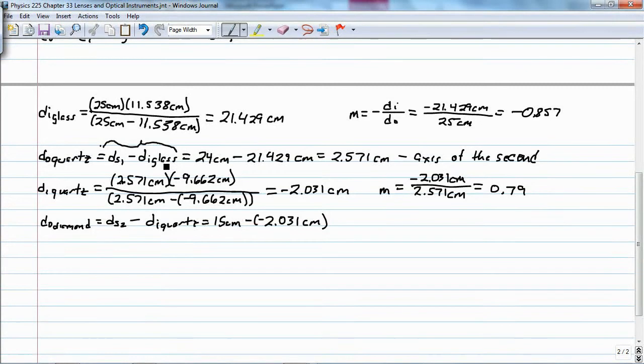So notice again, it's the same. You have a minus sign between it, but you have to use the negative of the image distance, and that gives us 17.031 centimeters.